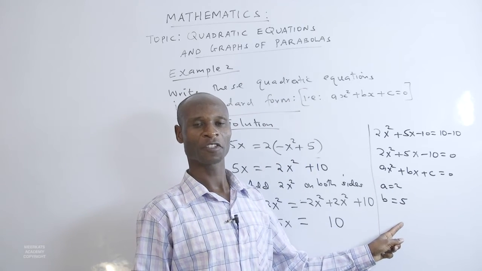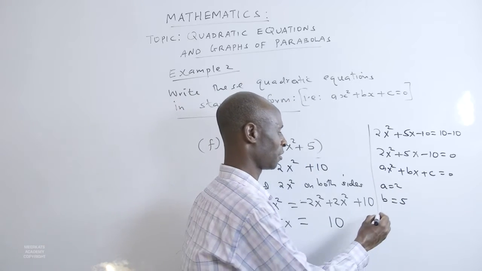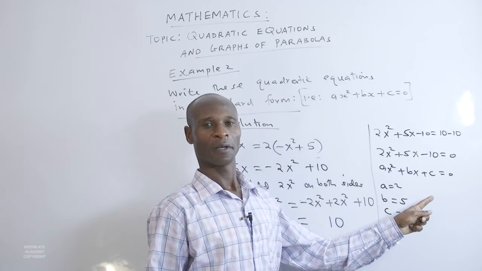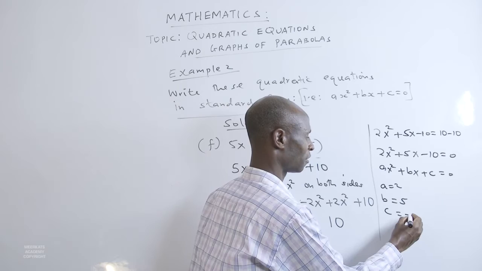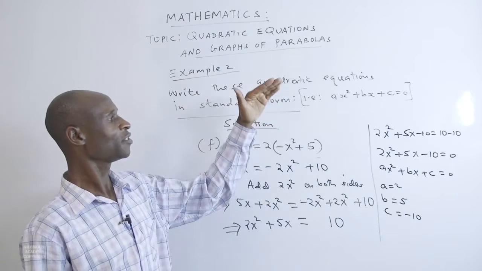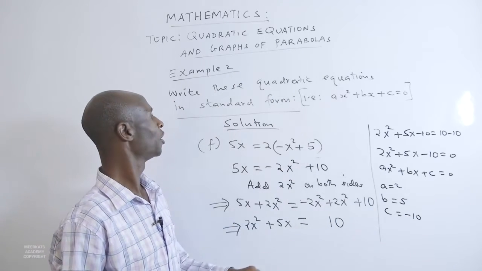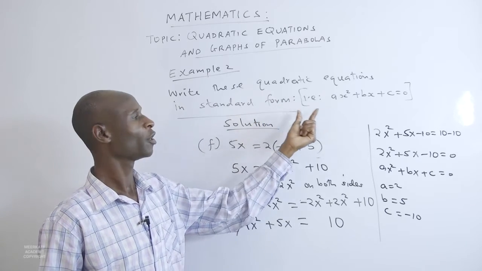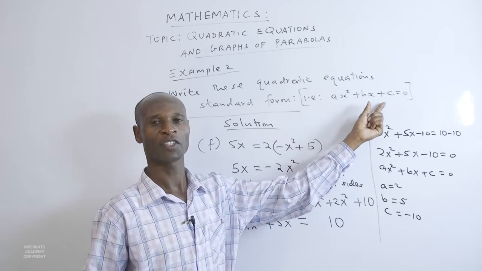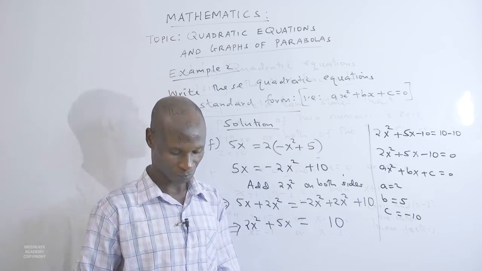What is the value of c? The value of c is negative 10. So that is generally how we express quadratic equations in standard form. Ax squared plus bx plus c is equal to 0.